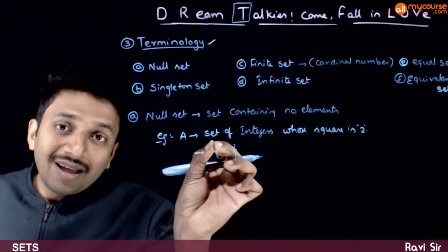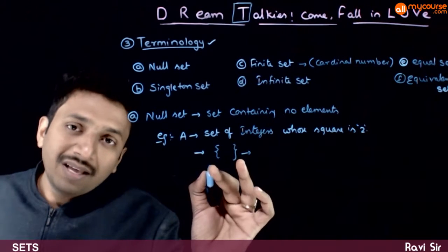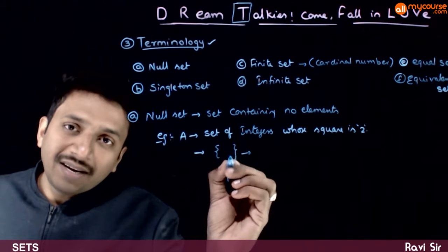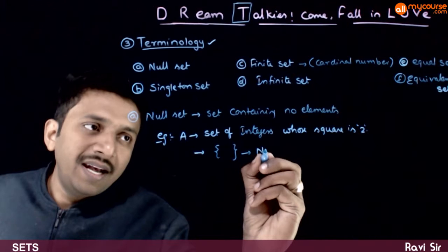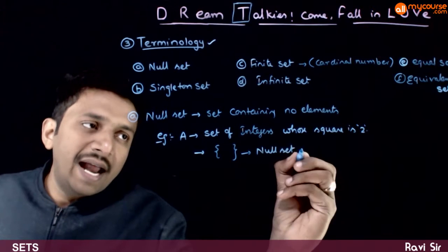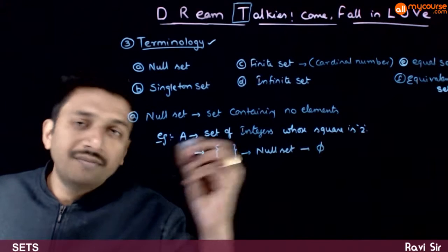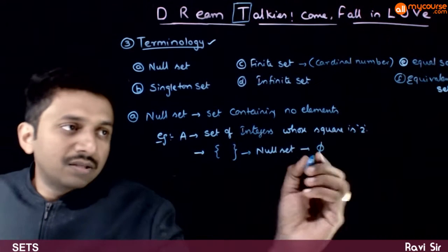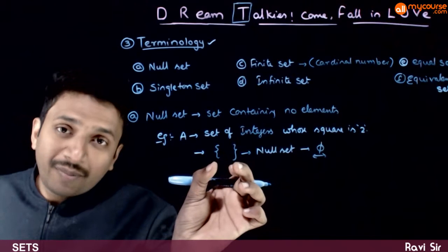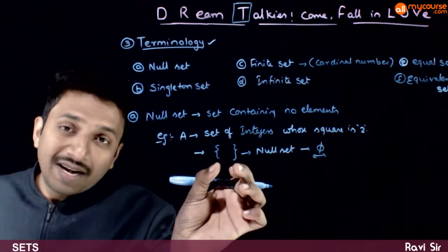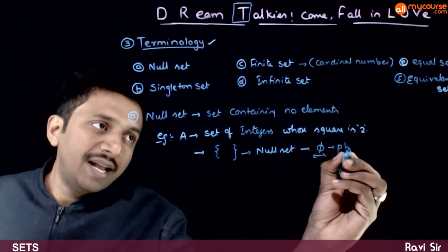So A is an empty set or null set, and null set is usually represented by curly brackets containing no element. So this is a null set, and this is also denoted by the symbol phi. So phi also means null set. So curly brackets containing no element, or phi.